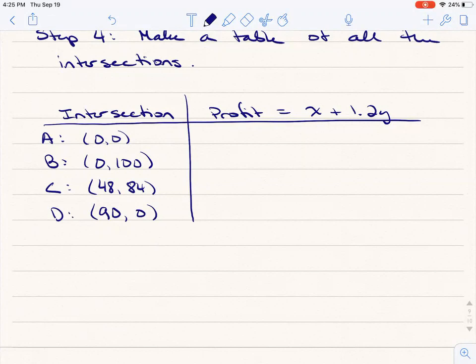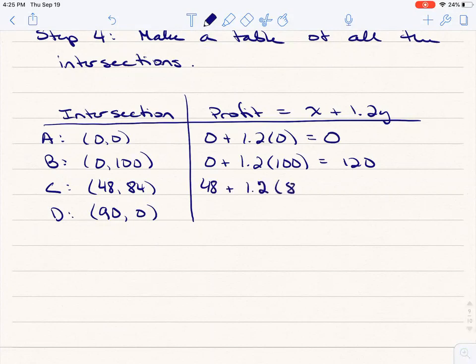Easy street now. So we've got 0 plus 1.2 times 0 is 0, great. 0 plus 1.2 times 100 is 120. 48 plus 1.2 times 84 is 148.80. And then we've got 90 plus 1.2 times 0, which is 90.